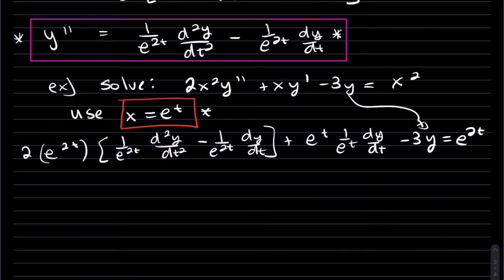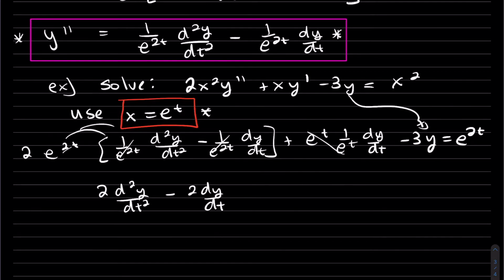So now let's simplify. Distribute this. Don't really need this parentheses. Ooh, it looks like it's going to cancel. That will cancel with this and that. Those cancel.